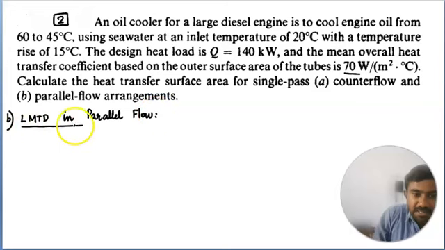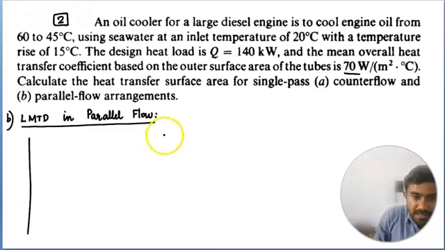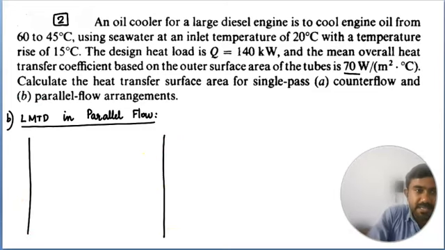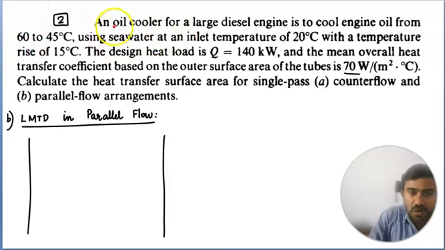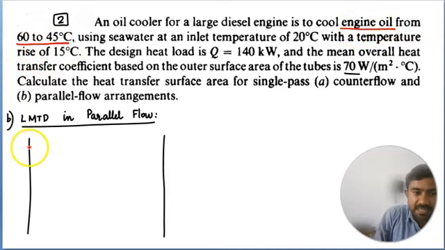If the flow happens in parallel, in the same direction, in parallel flow, the temperature profiles will be like this. The hot fluid is oil and the oil is changing its temperature from 60 to 45. Engine oil is decreasing temperature from 60 to 45. So engine oil is entering at 60 degrees Celsius.